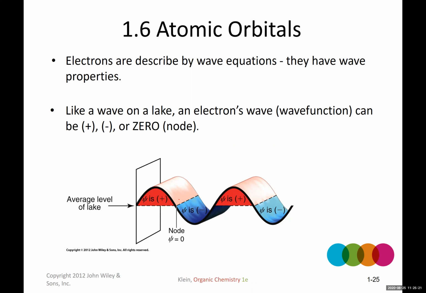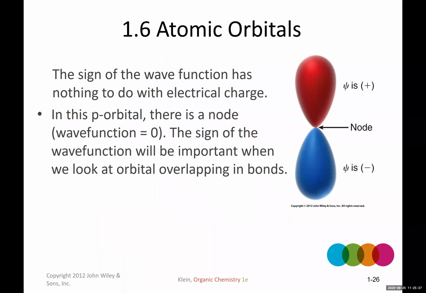So the colors in the previous slide don't represent charge, they represent the phase of the wave, whether at that point in space it has a positive or negative amplitude. Here's a p orbital again.